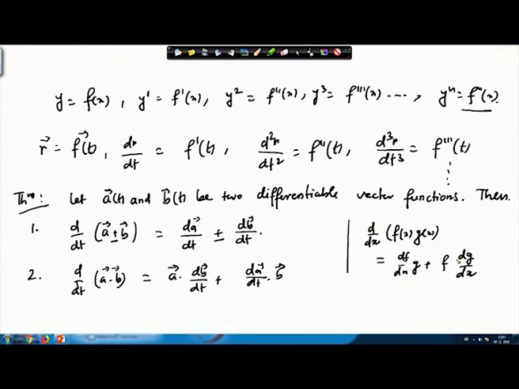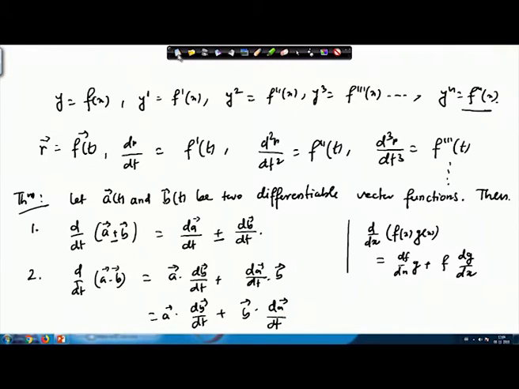It is the same rule here, and since the dot product is commutative, we can rearrange this a little.